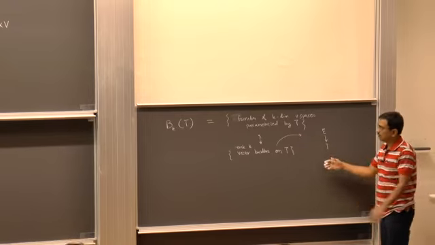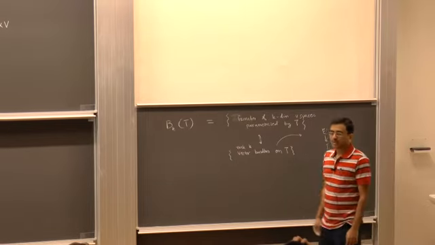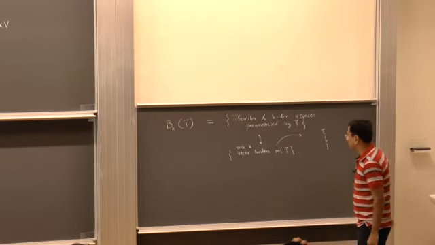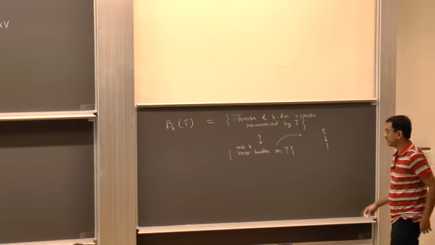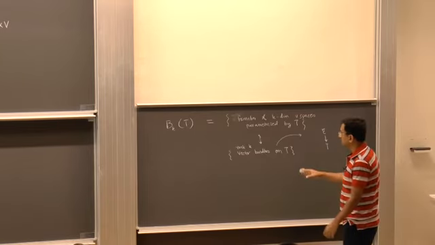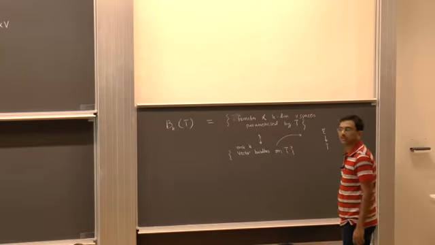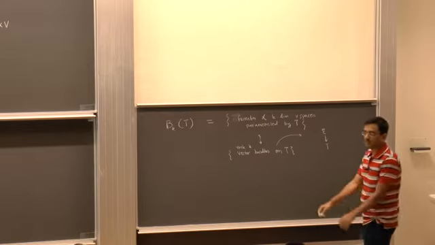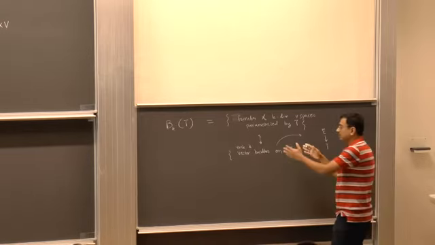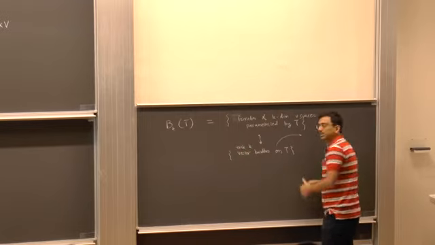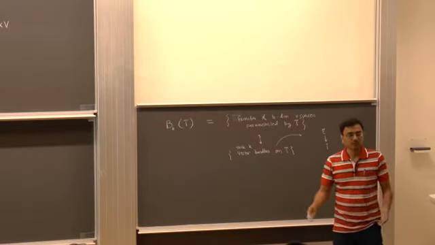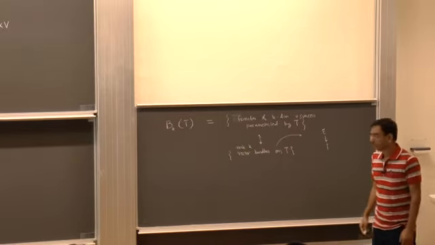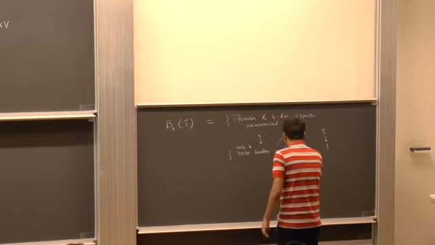Now this also defines a contravariant functor, but there is one more thing that I have to do. As such, this is not a set. You mean isomorphism? Yeah, that is exactly the point. All rank k vector bundles on T is not even a set. This is too big to be a set. So I have to say up to isomorphism.